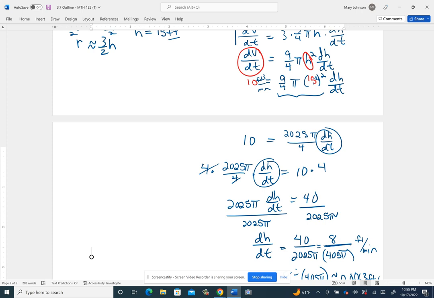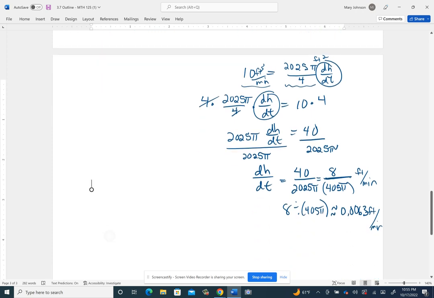So you can think about that. When you did all that multiplying right here, you wind up having feet squared because it's 15 times itself. Here you had feet cubed per minute. So when you divide by this quantity on both sides, you took feet cubed per minute and you divided by feet squared.